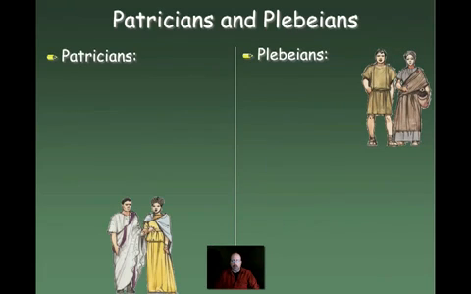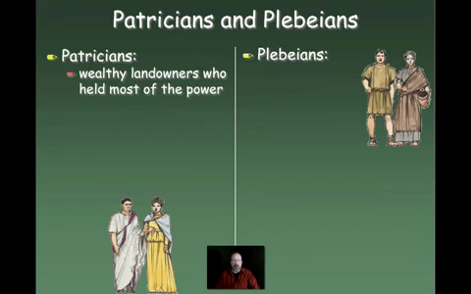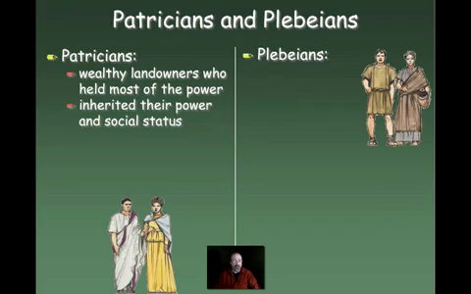Now we're going to look at one specific topic, and that's the social classes. We're going to look at the difference between patricians and plebeians, the two major groups living in ancient Rome. Let's start off with patricians. First of all, they were wealthy landowners who held most of the power. They inherited their power and their social status, so it was passed from one generation to the next.